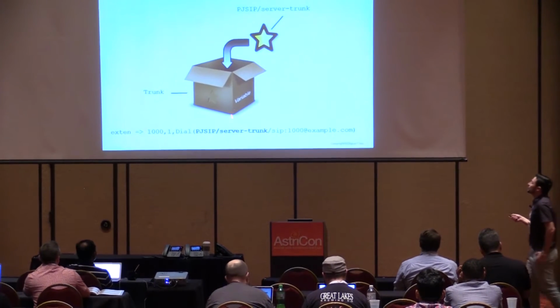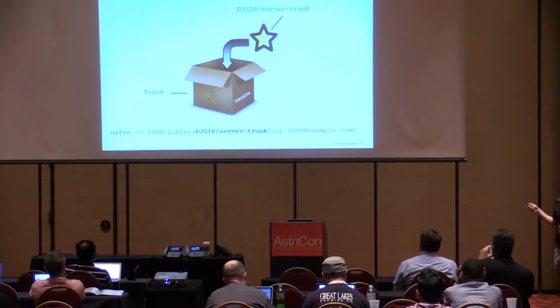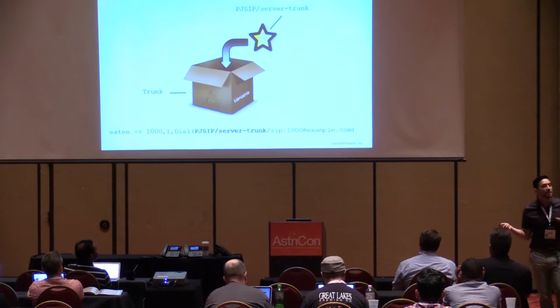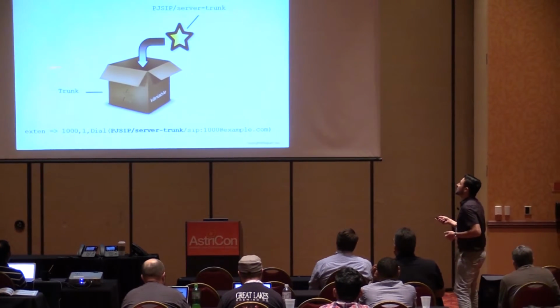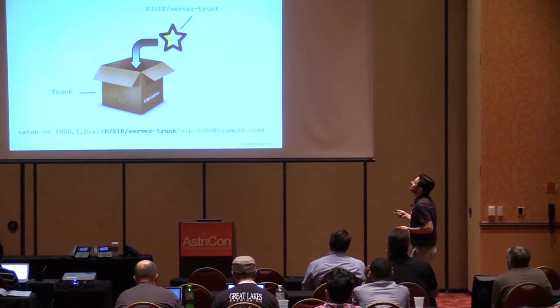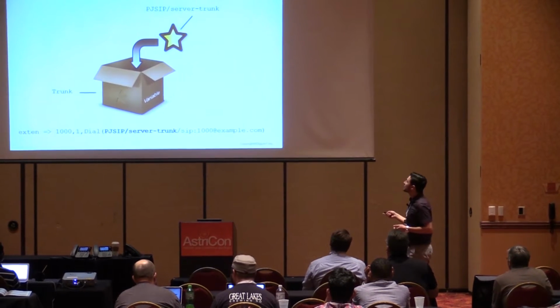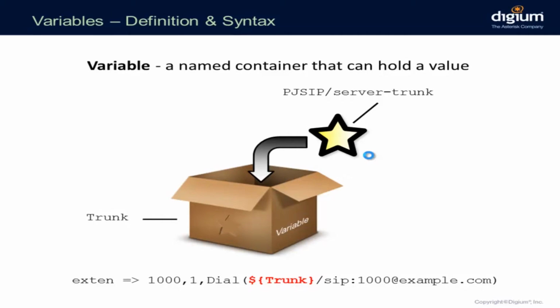What if we want to set this up so that it's a variable now? So we can set up a global variable named trunk with the value of PJSIP server trunk. And then we can use that variable, or dereference that variable, anywhere in our dial plans. So dial the value of trunk.